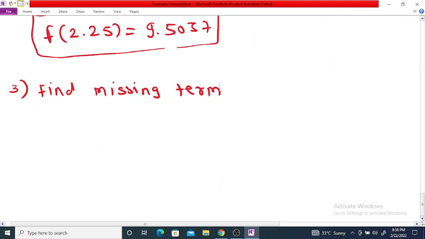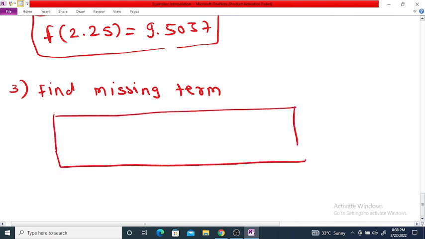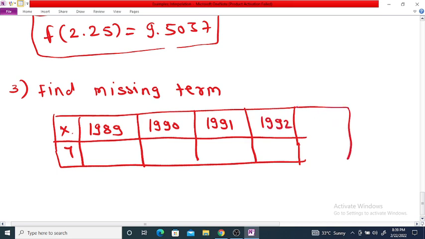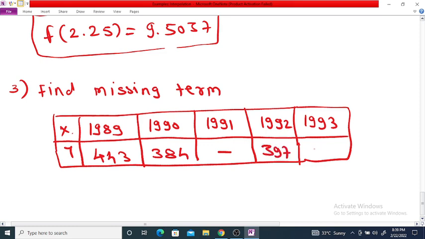The data given is x: 1989, 1990, 1991, 1992, and 1993, and y: 443, 384, a missing term, 397 and 467.